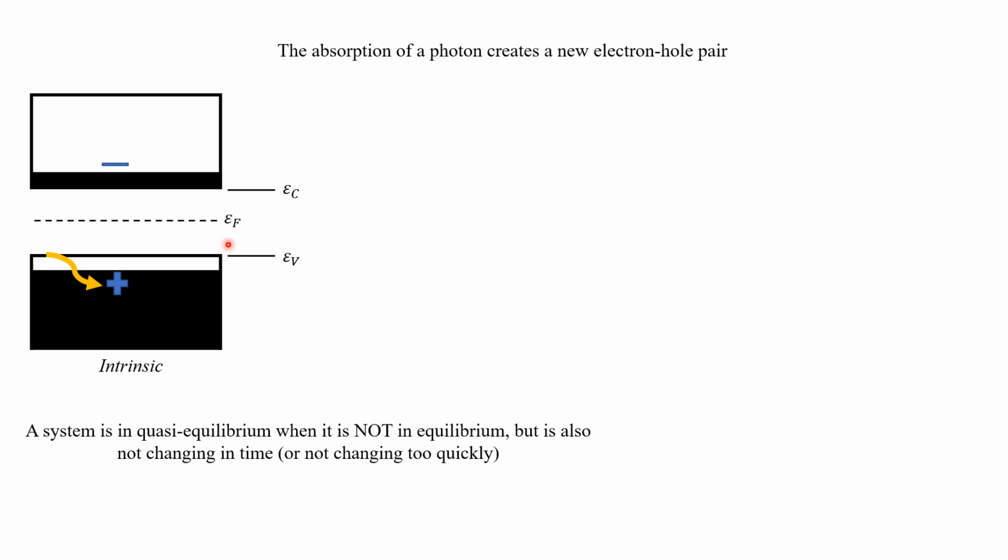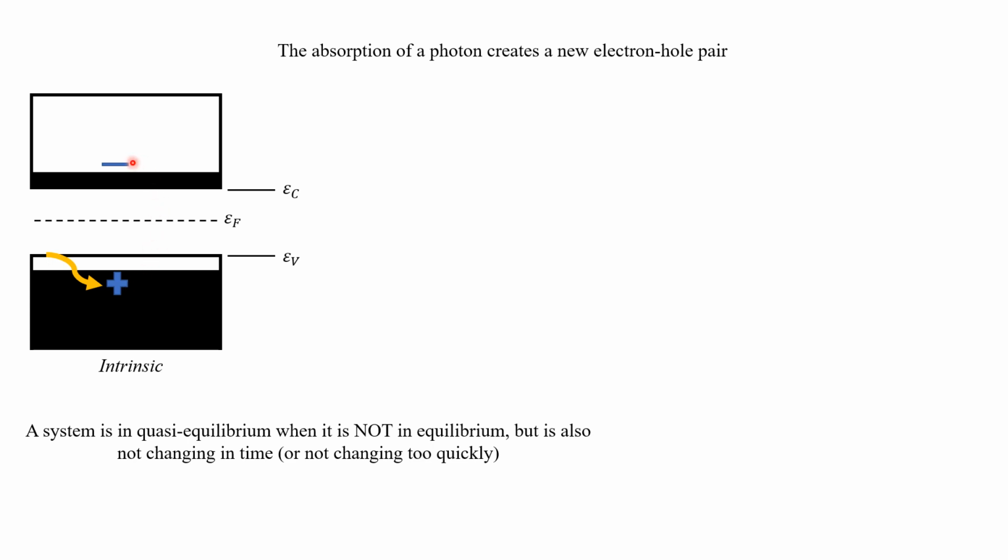But even in equilibrium, there is a constant generation of free electron-hole pairs due to thermal excitation of electrons from the valence to the conduction band. But the concentrations do not change in time because this process, the generation, is compensated by the opposite process, which is recombination.